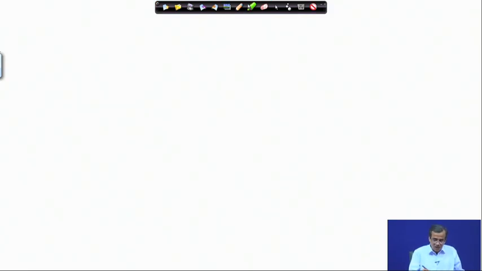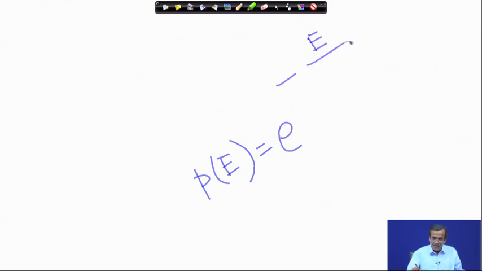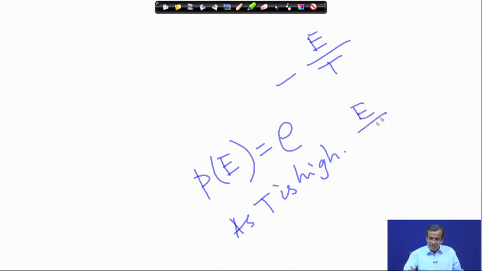Now, let us see how to find out. So, the probability of energy is nothing but E raised to the power minus E divided by T. Here k has been considered as 1. So, as T increases, as T is high, E by T will be small.